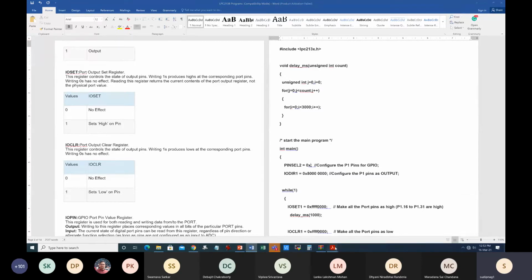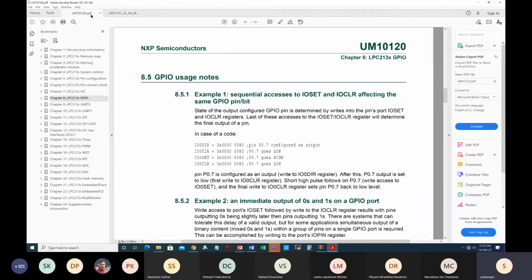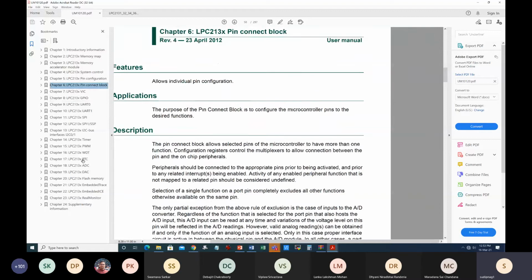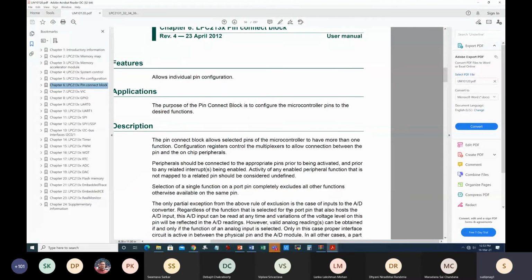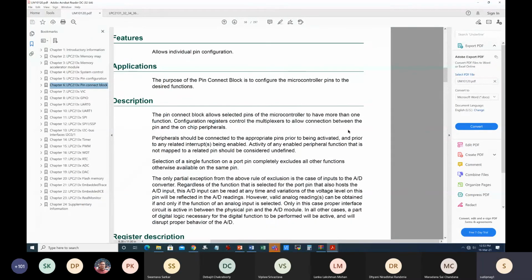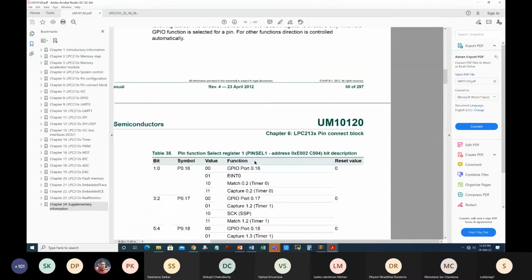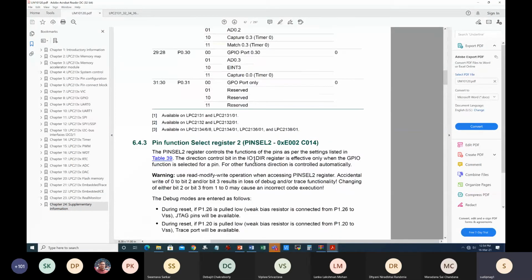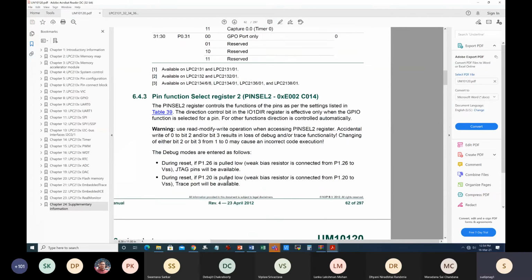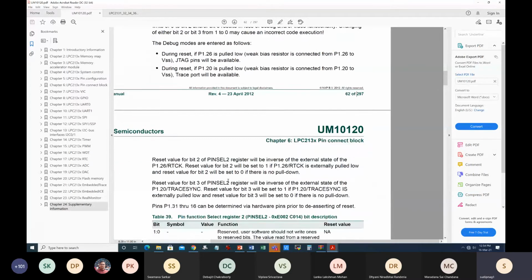How can I estimate? I should refer to the manual, and in the manual I have to go to this pin connect block and look at pin select 2.